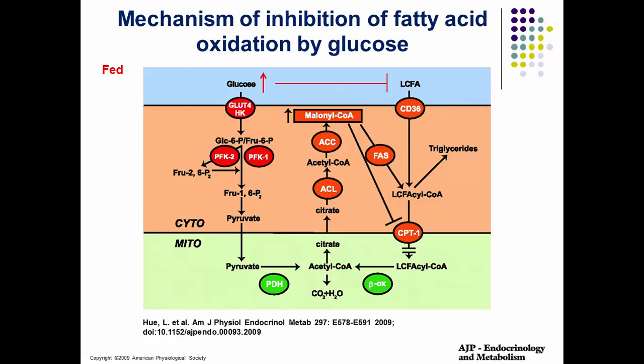Same thing, the pathway for glucose utilization generates pyruvate, and pyruvate is converted to acetyl-CoA and citrate. Then there is the reaction that converts citrate back to acetyl-CoA in the cytosol. And here is a key reaction, ACC, which catalyzes the formation of malonyl-CoA from acetyl-CoA, right?